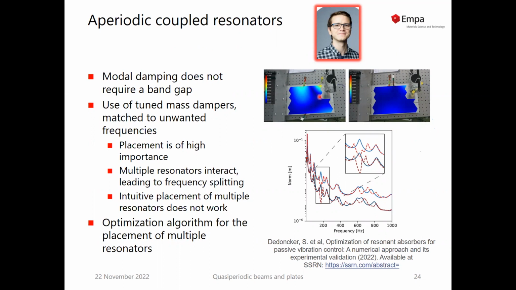Now, if you place 3 resonators in this case, there is one here, there is one here, and there is one here, intuitively, meaning at the highest amplitudes of the plate, we see that the overall vibration reduction is not great. There are still some antinodes clearly visible close to the source and even in the bulk of the plate.